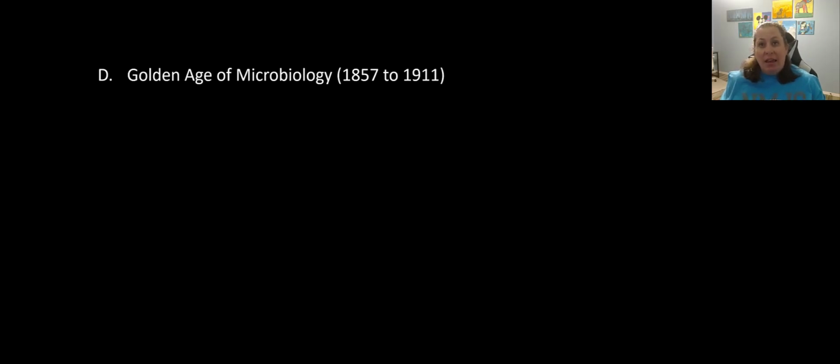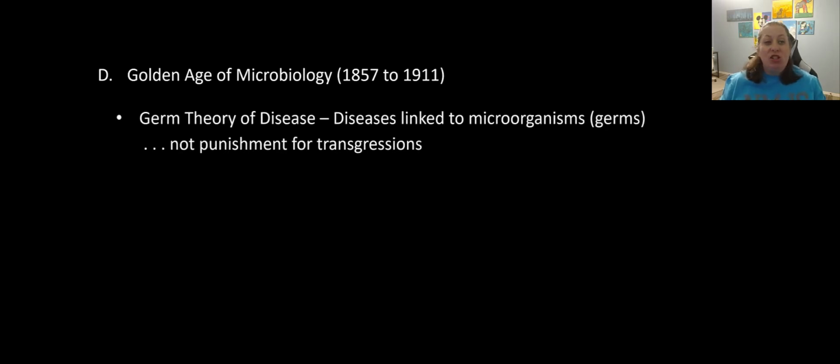The next thing that the golden age of microbiology focused on was called the germ theory of disease. So this germ theory of disease proposed something new. They proposed that diseases were linked to these microorganisms, these germs that you could not see. Now, this is not what they believed before.